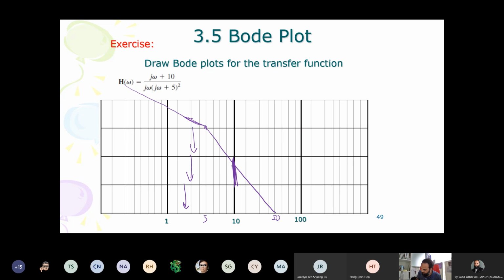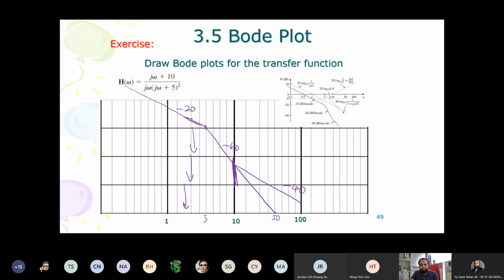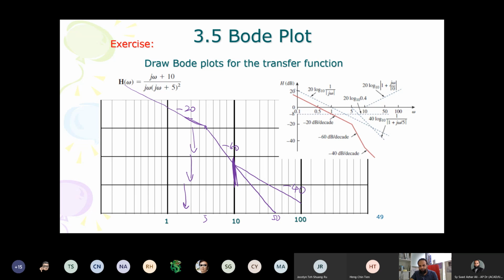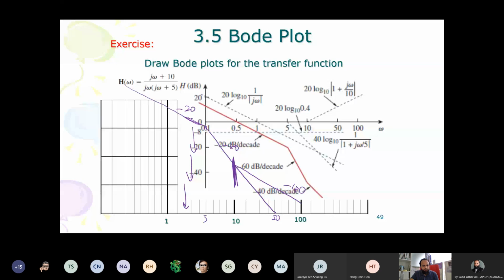So after 10, it will become minus 40 dB per decade. This is minus 20, this is minus 60, and this is minus 40. So this is what it looks like.